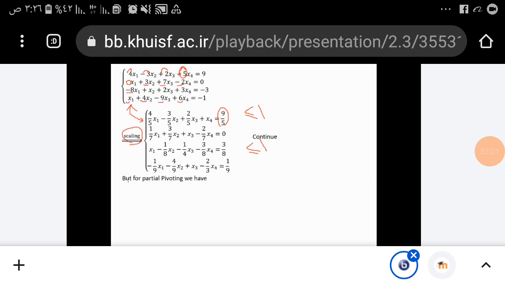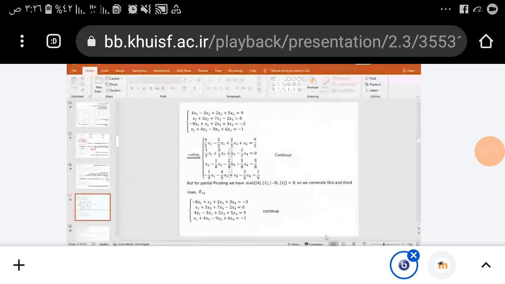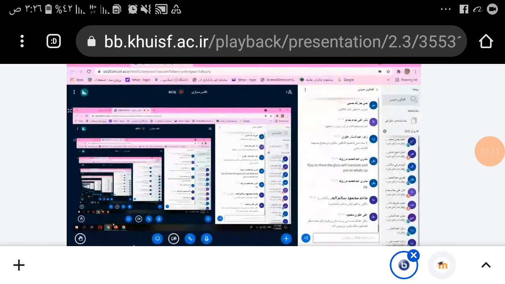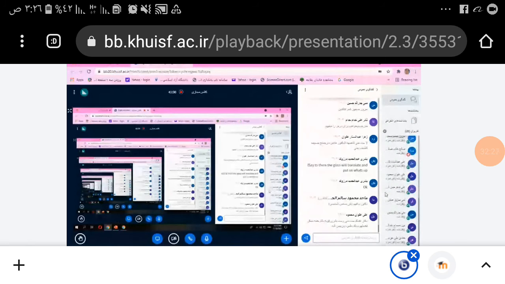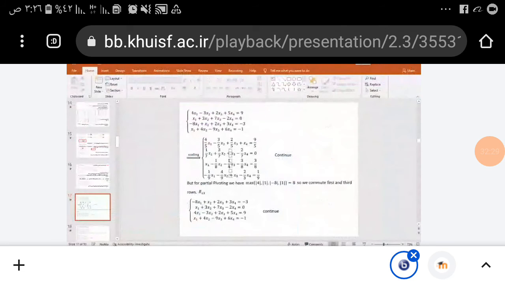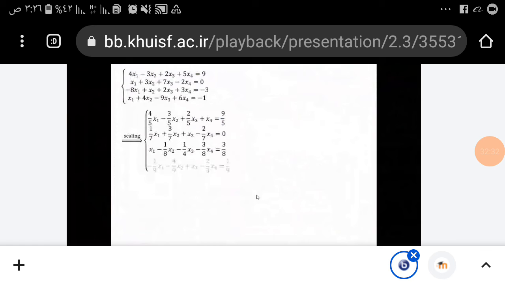But for partial pivoting, we find the maximum in the first column.